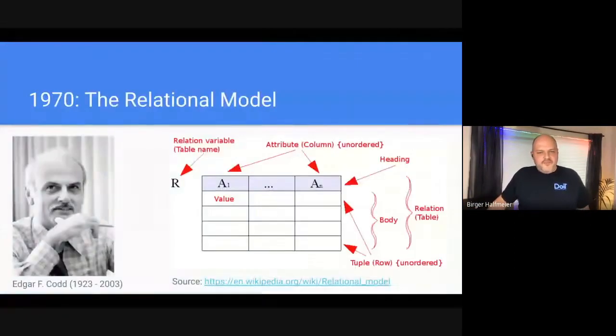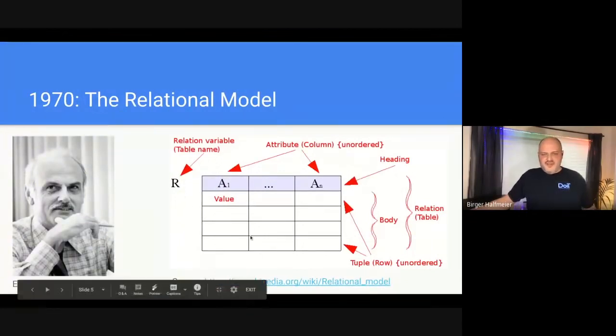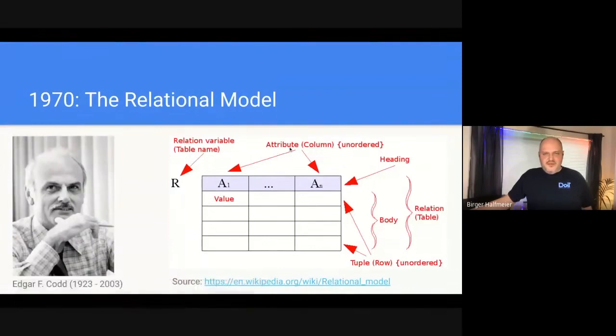So really quickly, just some terminology. Basically, when Codd talks about a relation, he means a table. A relation is a set, an unordered set of tuples. A tuple is basically a record or a row, and you've got attributes. Columns are referred to as attributes, or attributes these days tend to be rendered as columns in tables.